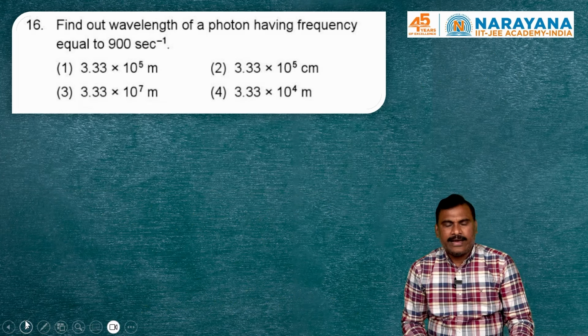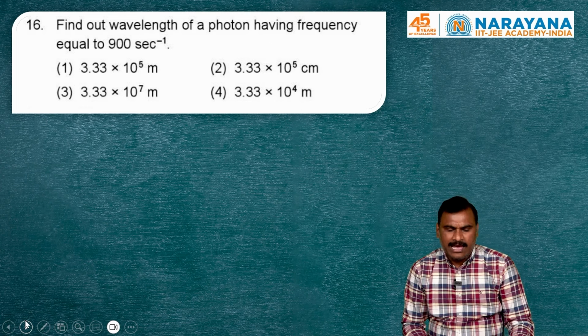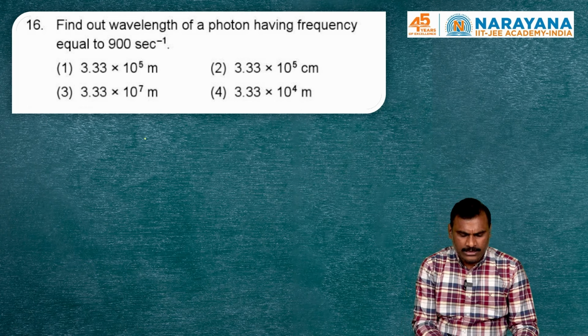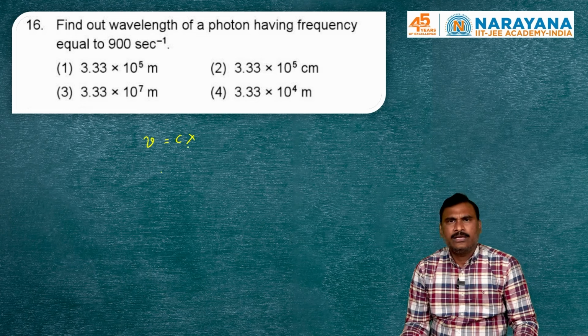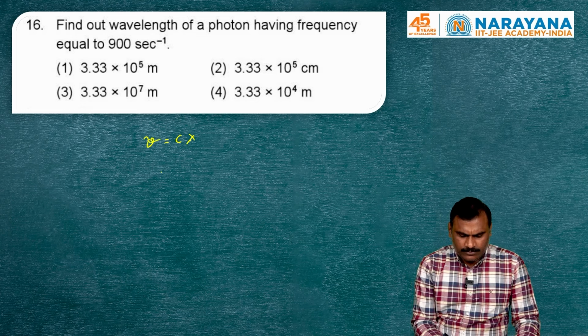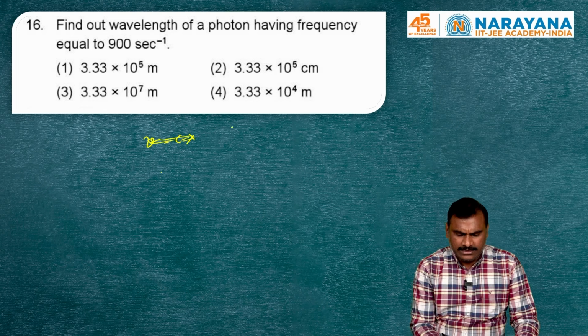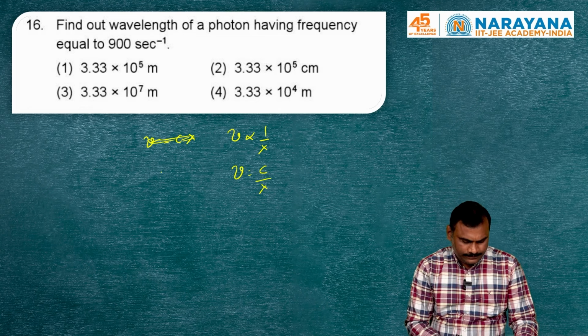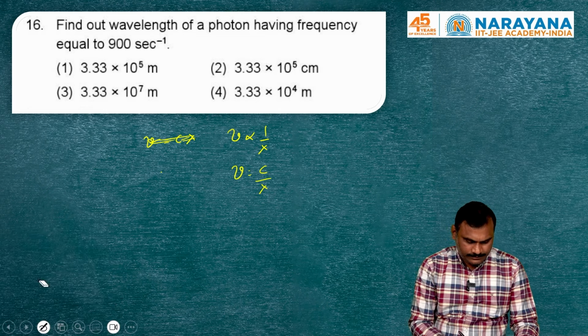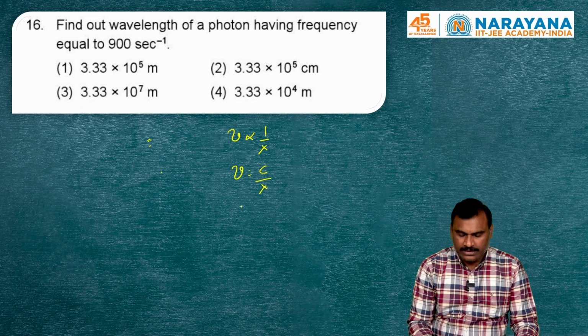Next question. Find out the wavelength of the photon having the given frequency. nu is equal to C by lambda, since frequency is inversely proportional to wavelength.